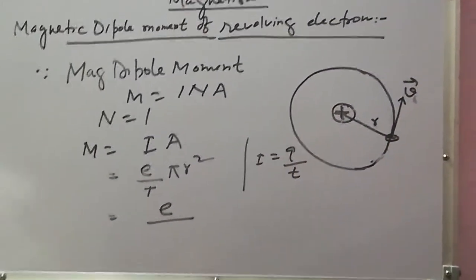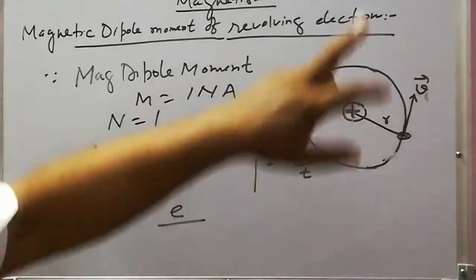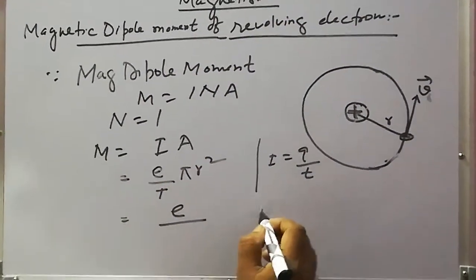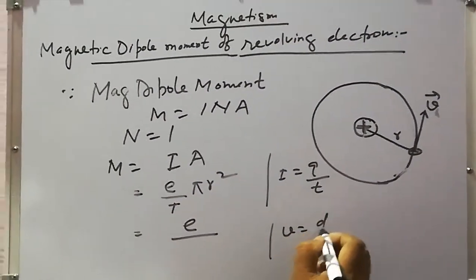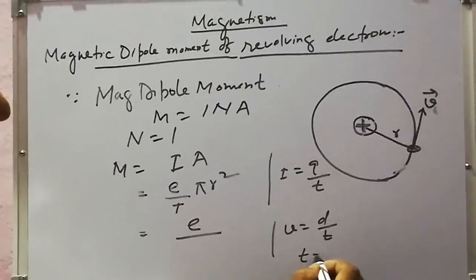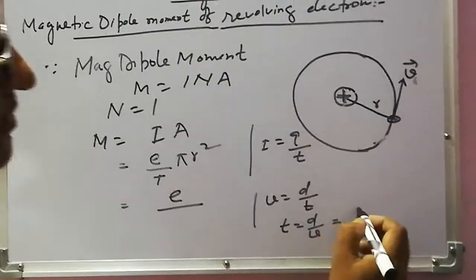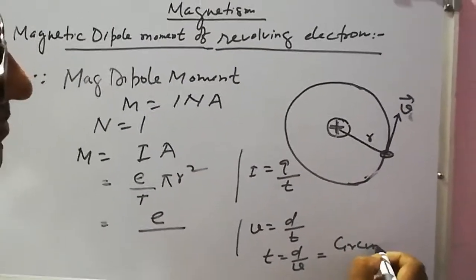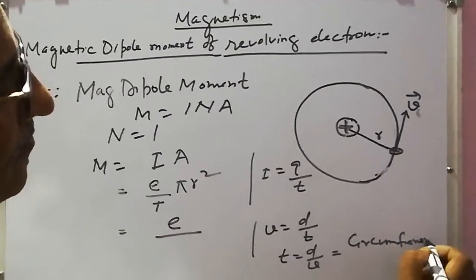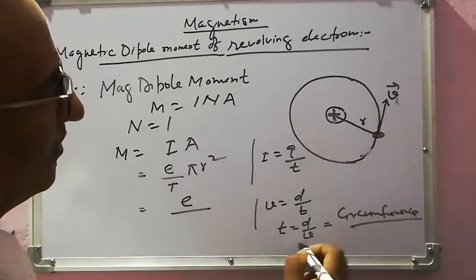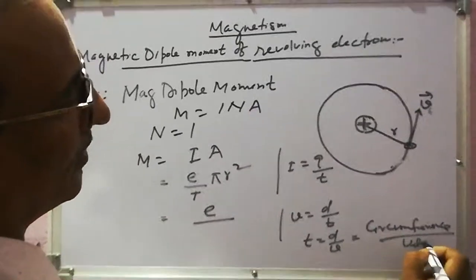What is the time taken by the electron to complete one revolution? Since velocity is distance by time, time will be equal to distance by velocity. Here in place of distance you have to consider the circumference, and velocity means orbital velocity.